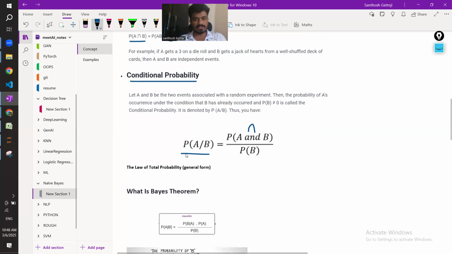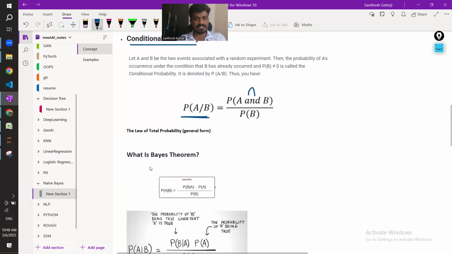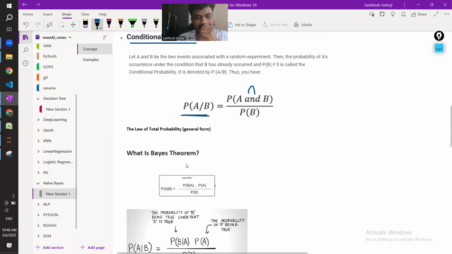Now, conditional probability is this. What is Bayes theorem saying?